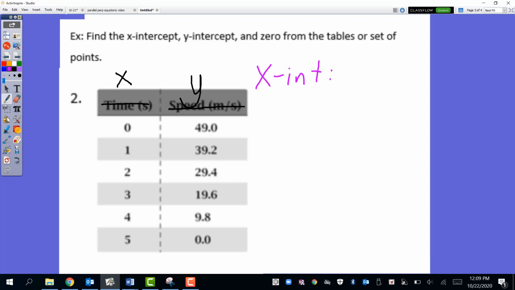I am looking for y to be 0, so I look in the y column for 0. This is not 0, not 0, not 0, no, no, yes. There's the 0 all the way at the bottom. So I'm going to write it in parentheses, 5, comma, 0.